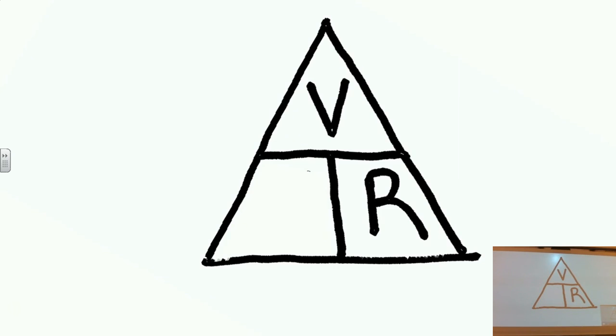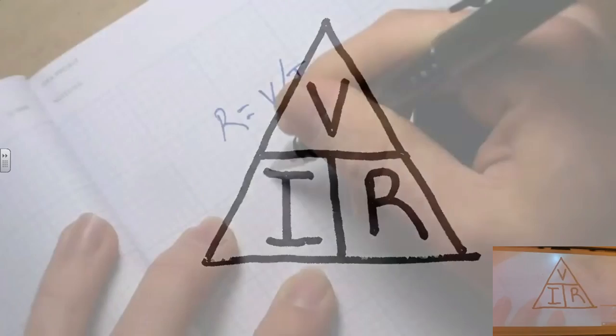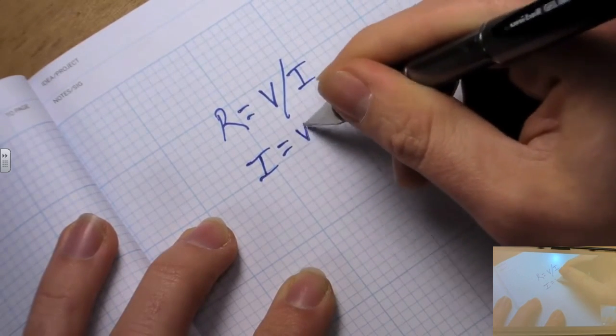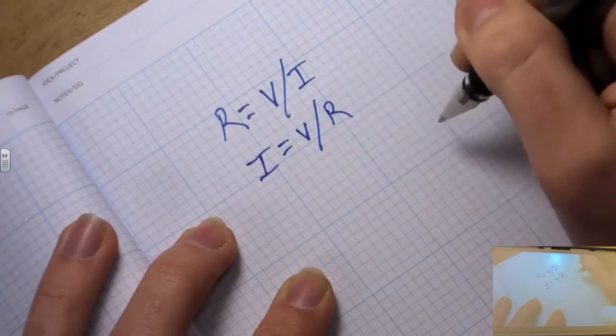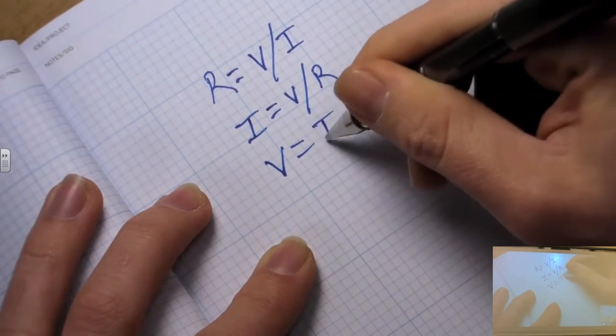And likewise, to find resistance, we divide voltage by current. As long as we know two of the three values, we can rearrange this equation to find the third value, thanks to algebra.